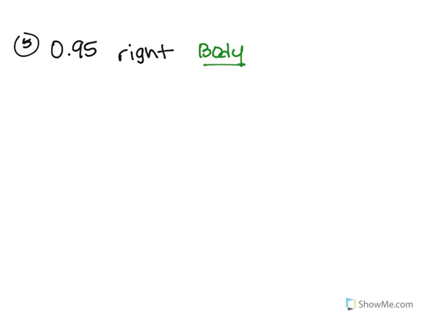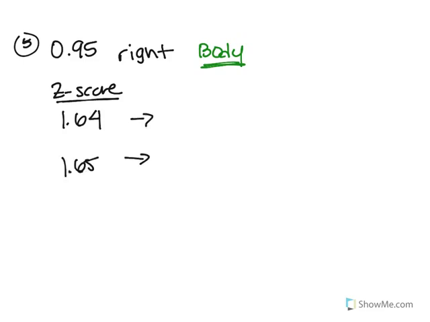We're still on body. 1.64 and 1.65. 1.64 is 0.9495 and 1.65 is 0.9505.